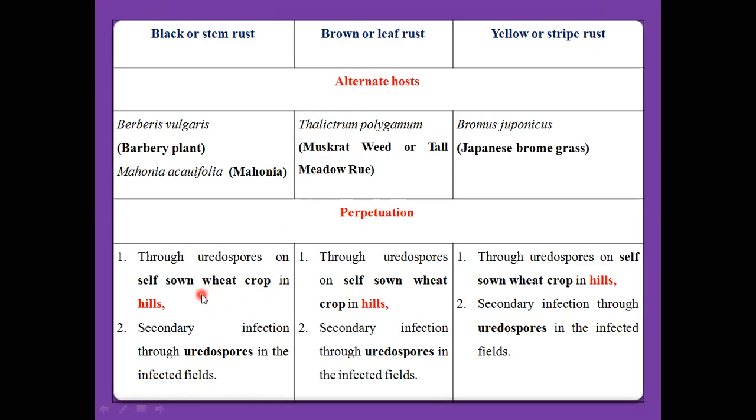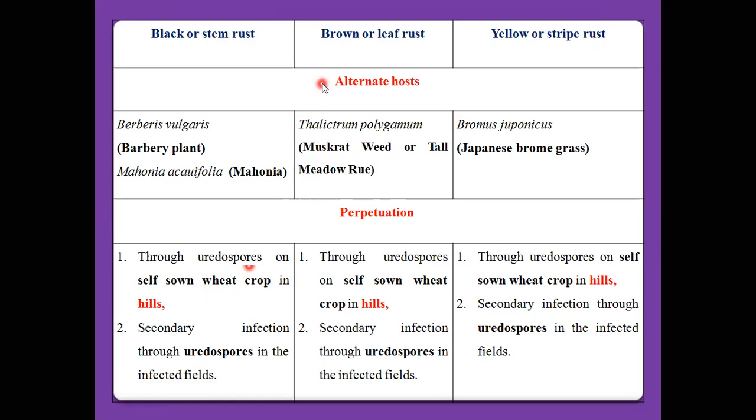Means after the wheat crop is sown in the soil, particularly in Maharashtra state, when this crop reaches the flowering stage or the maturity stage, in the month of February to March, these uredospores, means these spores, are liberated from this alternate host and land directly on the main wheat crop sown in the Maharashtra states.